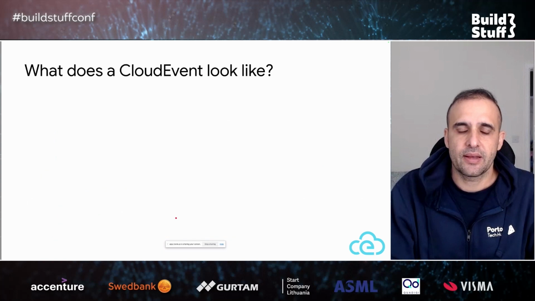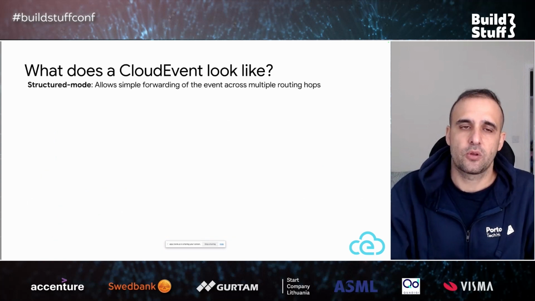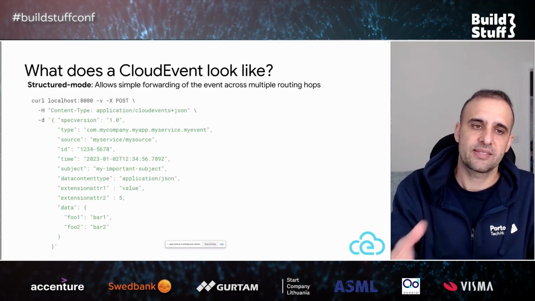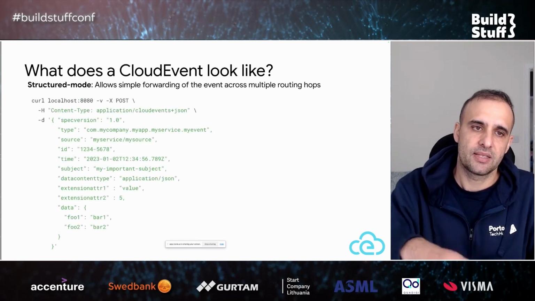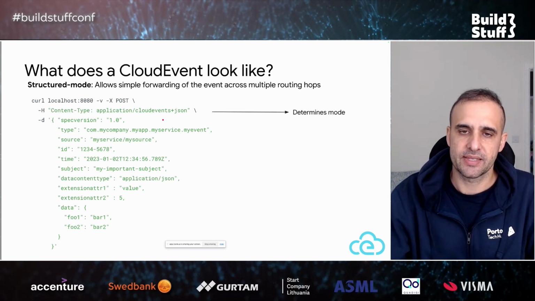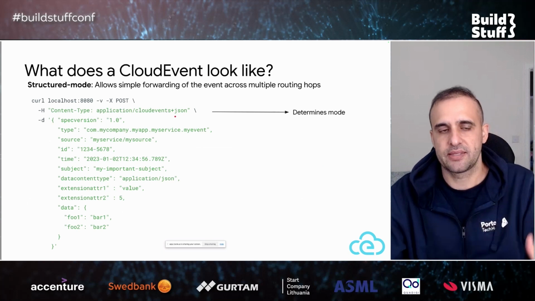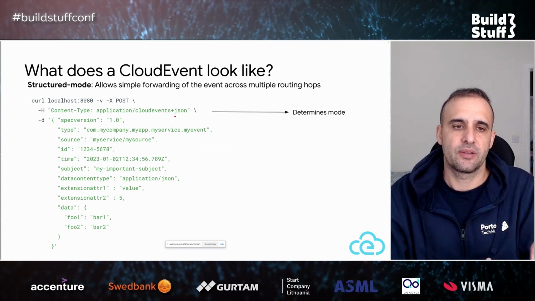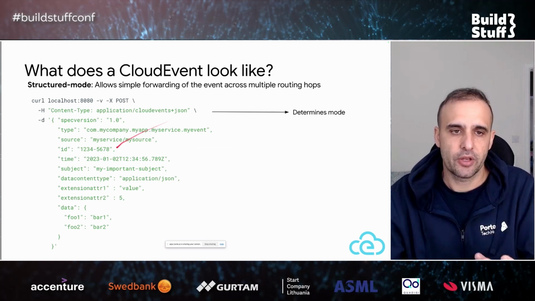Now, the secondary mode of Cloud Events is called structured mode. This is the same event, but sent in structured mode. And you will see that there's only one header, and this header says cloudevents+json. This says that this is a structured mode event. And then the rest of the event is basically in the body of the HTTP request, right?